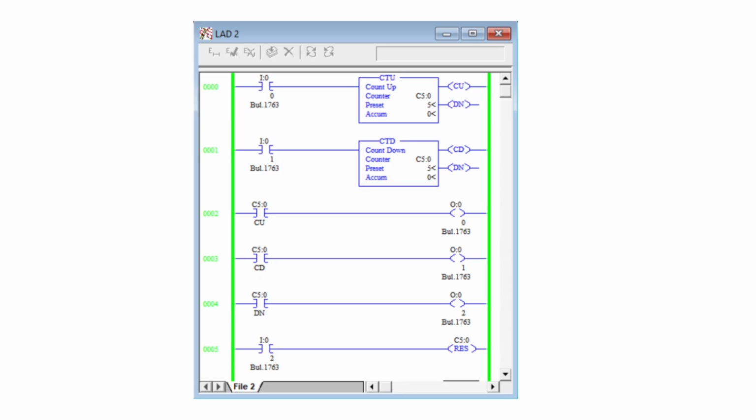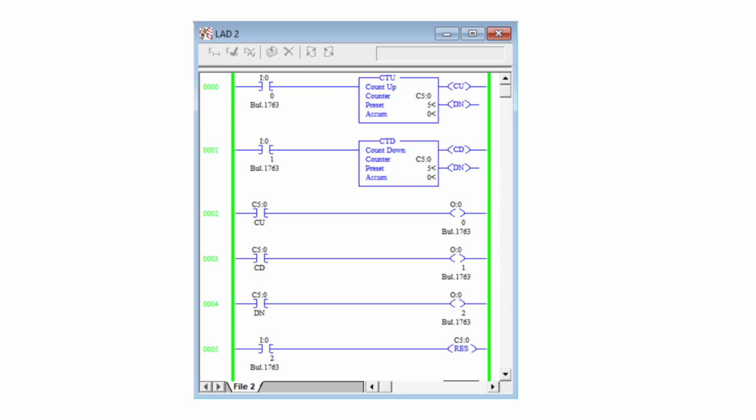In the third rung you can see my CU bit, that is the C5:0/CU bit. The CU bit means the up counter bit is connected to my first output, that is O:0/0. In the next rung you can see the CD bit, the down counter bit, C5:0/CD, connected to another output, and the output address is O:0/1.